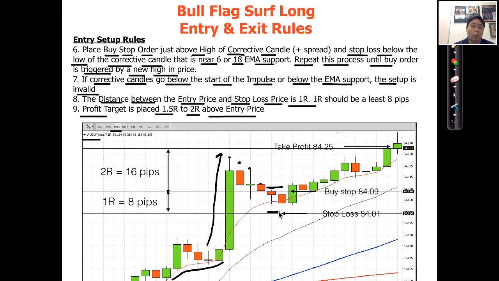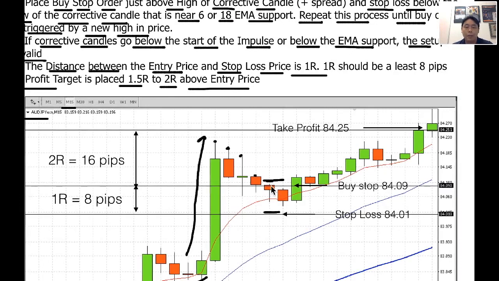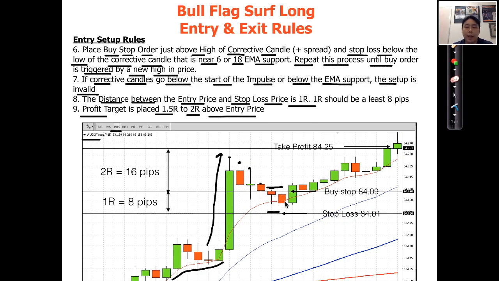So what happens? The next candle that appears makes another lower high. So it doesn't trigger our buy order, because to trigger our buy order, it must make a new high. Remember that. Okay, so when this candle appears and it closes, we then cancel this order.